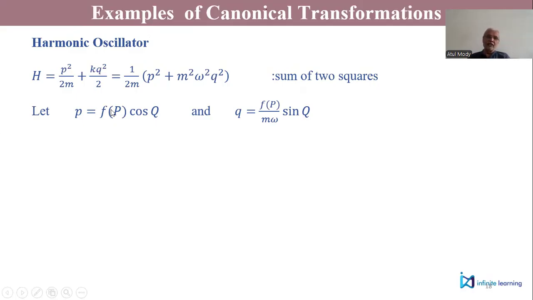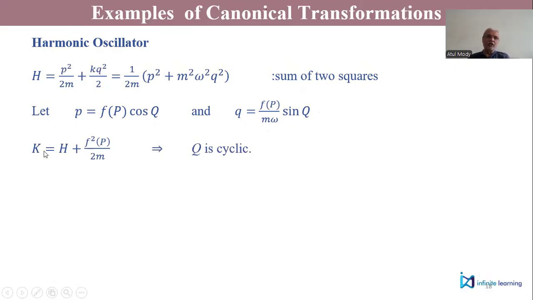So let's say old momentum is some function of new momentum times cosine of new coordinate, and old coordinate is the same function of new momentum upon m omega, where m omega comes because of the scale factor m squared omega squared, times sine of new coordinate.